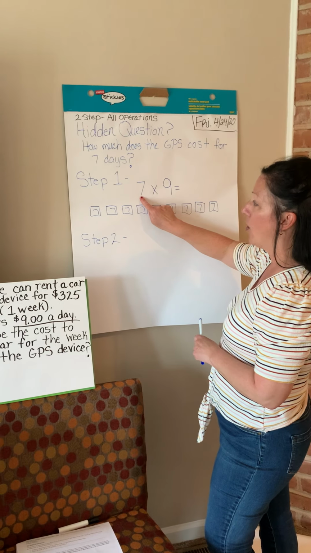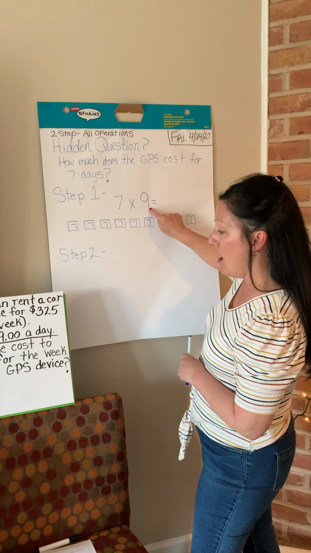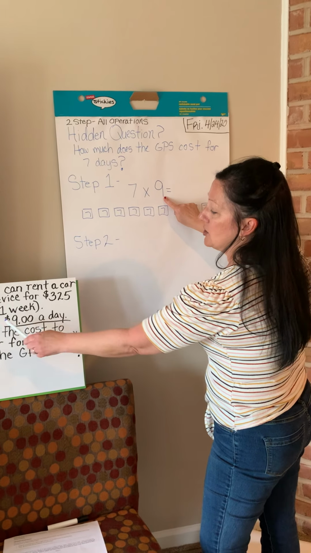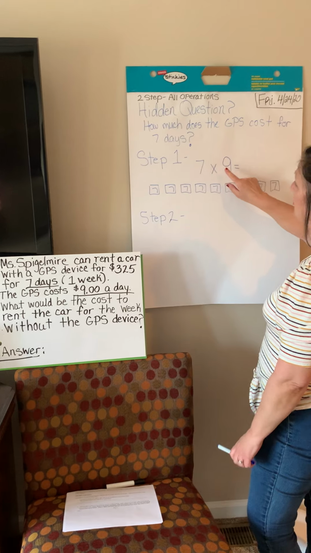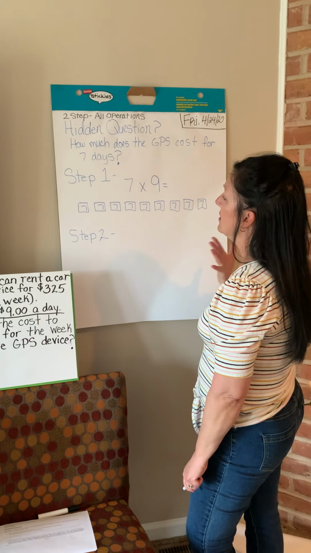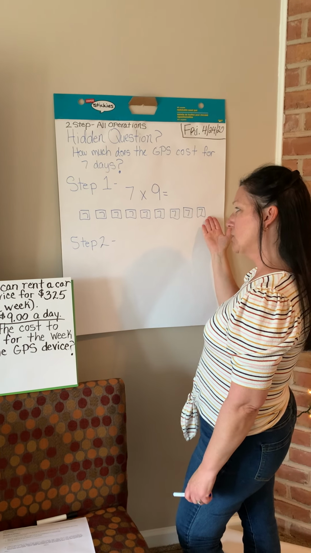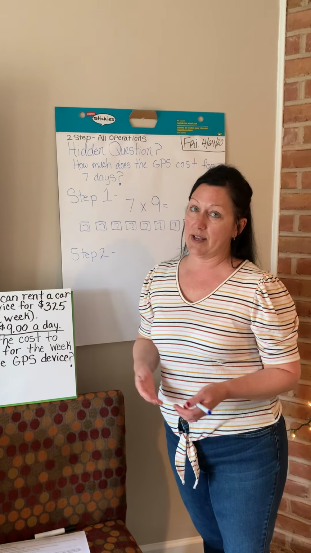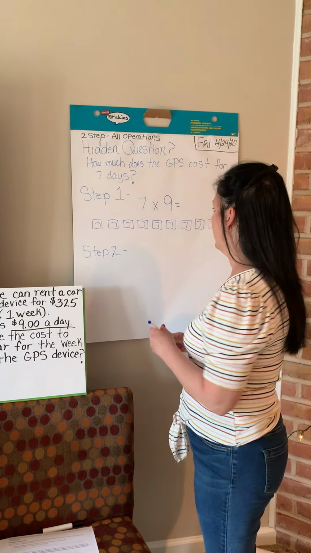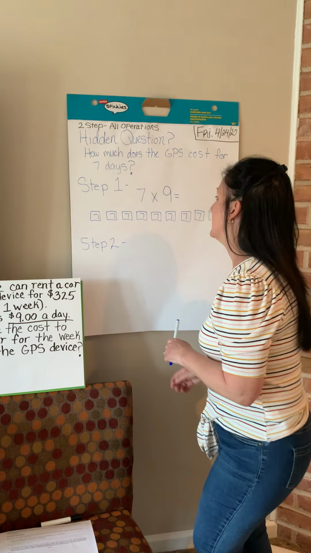Well, we know that there are 7 days in the week, and we know the problem tells us the GPS costs $9 a day. So that's 7 groups of 9 or 9 groups of 7. I drew 9 groups with 7 in each as a visual. You're going to do whatever works best for your mathematician brain, okay? So we know we need to multiply 7 times 9.